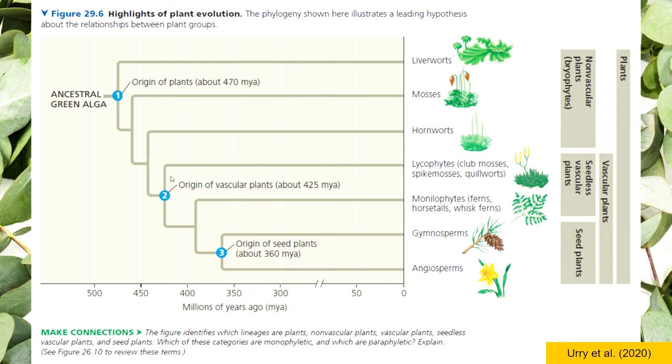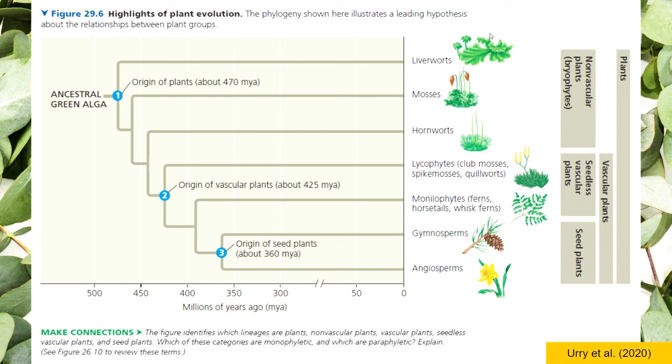Then you have your seedless vascular plants: the lycophytes, spike mosses, and club mosses, and also the ferns, horsetails, and whisk fern. That's around 425 million years ago. Then 360 million years ago, you have the evolution of seed plants, gymnosperms and angiosperms.